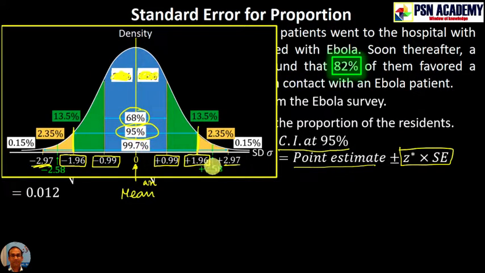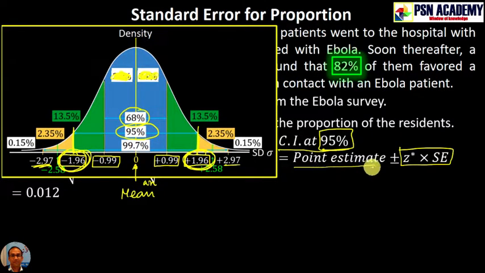As well as if you see the green one, that is between minus 2.58 and plus 2.58, you will have 99% data. Now see the question, we are asked to go for 95% confidence. So we will consider the range between minus 1.96 and plus 1.96. Clear?